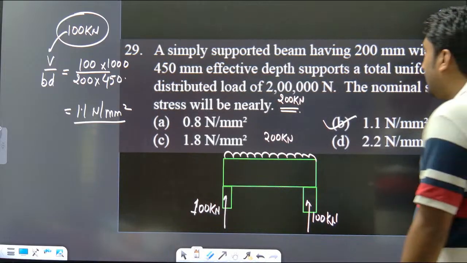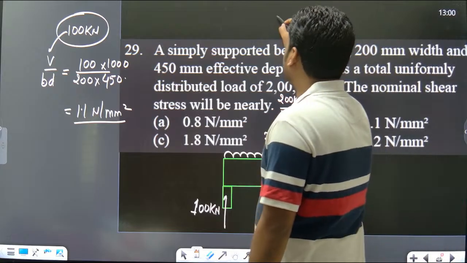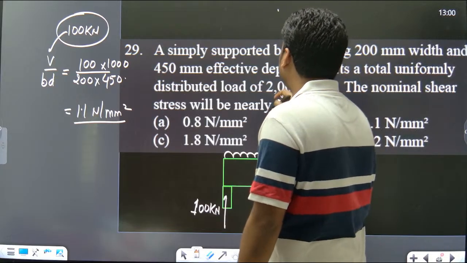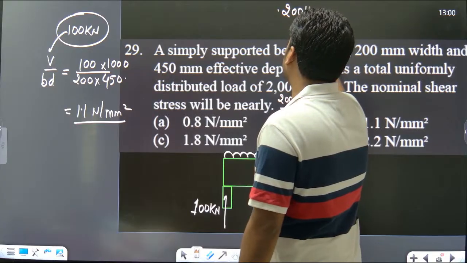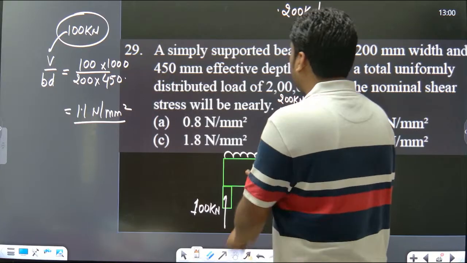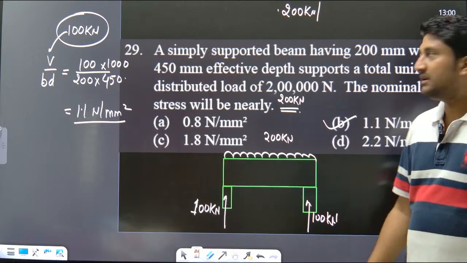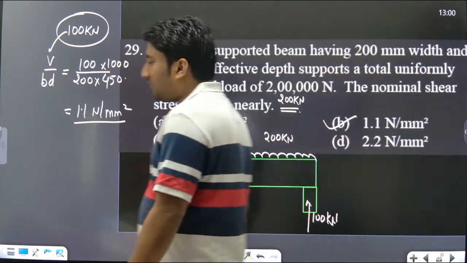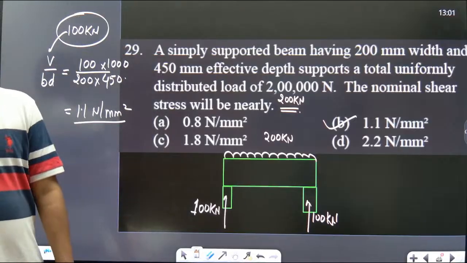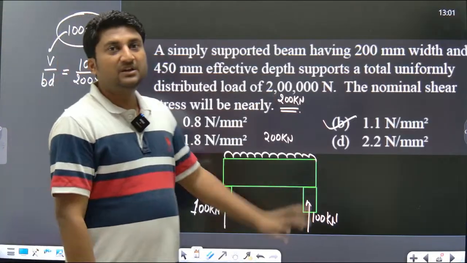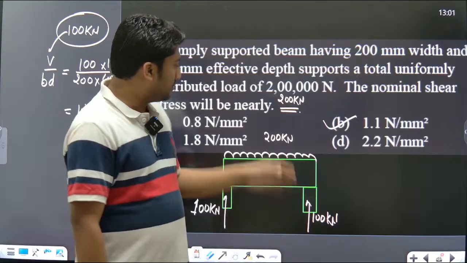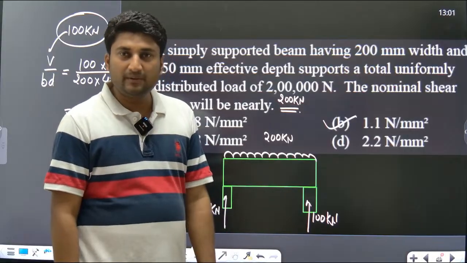If you need to convert this into UDL intensity, 200 kilonewton for how much length of the beam? Since the length of the beam is not given, he has directly given you the total load. Understood?